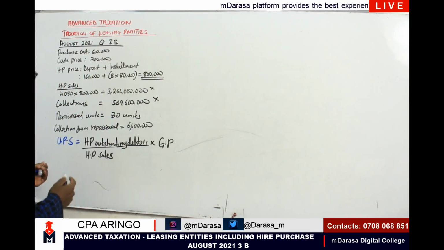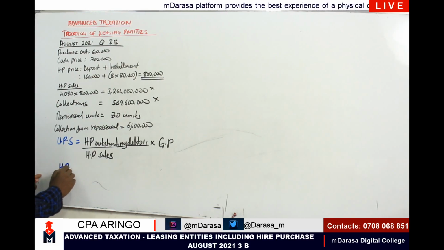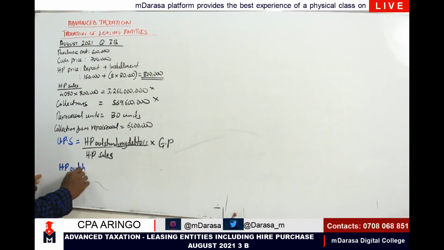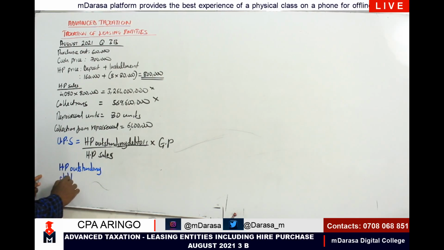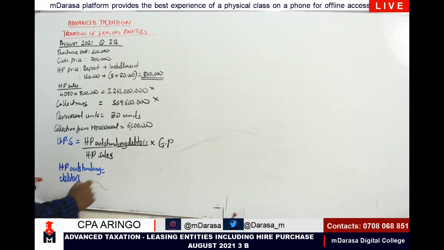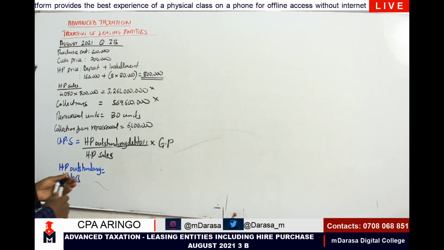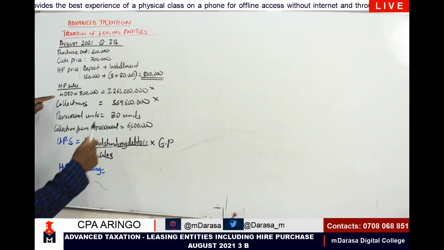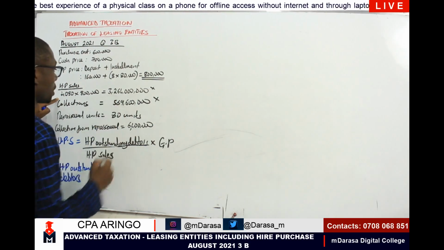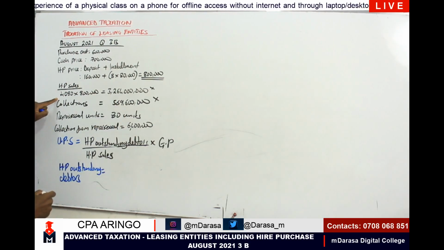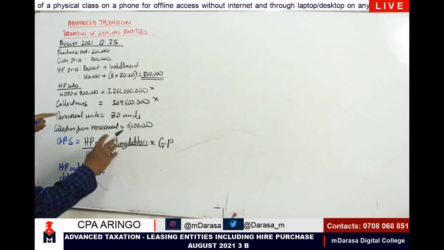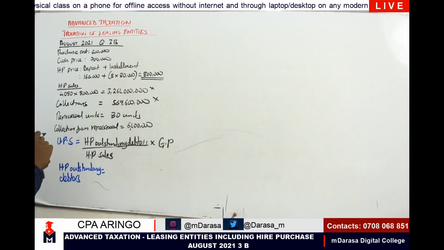So first thing first, let's determine our hire purchase outstanding debtors. That will be very easy because this is how we are going to work it out, my good students. We know very well that out of the 3,264,000, that was inclusive of the items that we had repossessed.